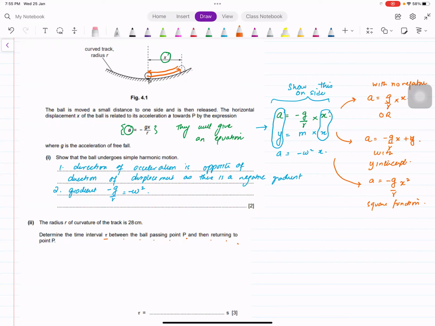Can you guess, is this a quarter oscillation, or a half oscillation, or three-quarters? Wouldn't this be half an oscillation? Yes, exactly, it would be half oscillation.